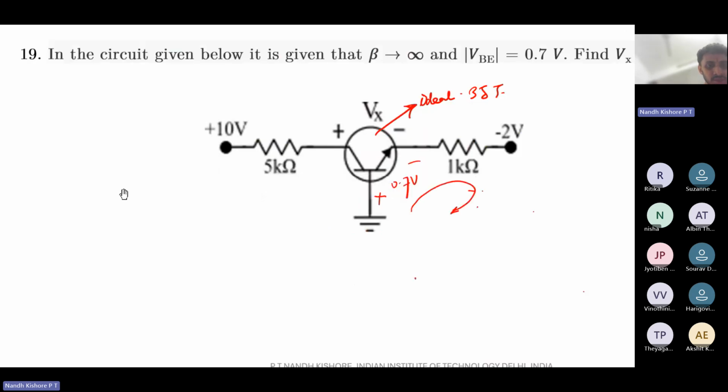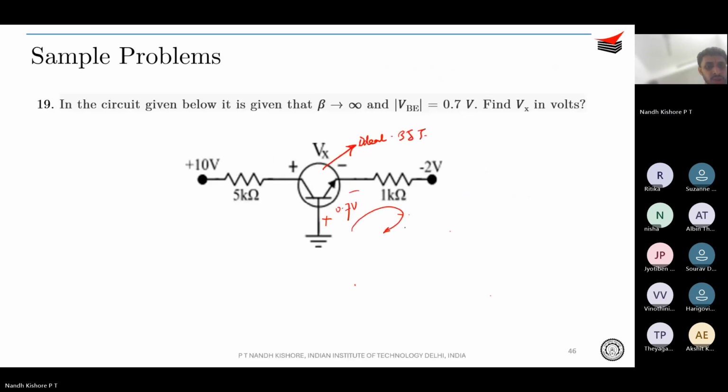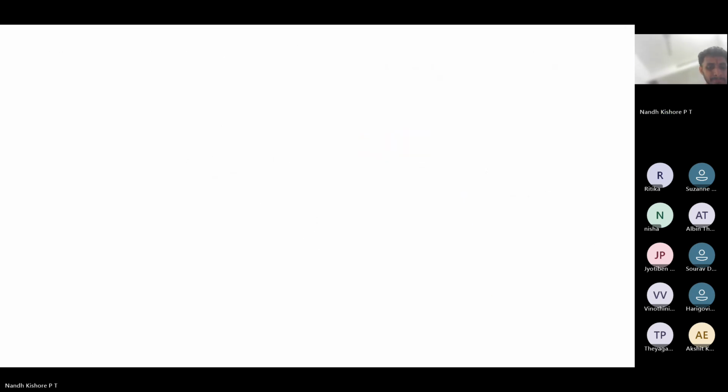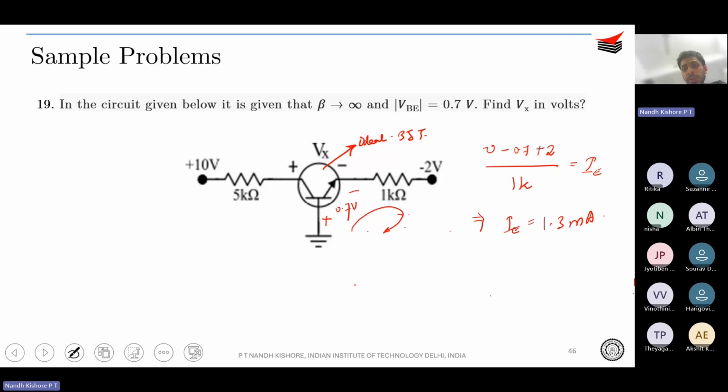What you get is (0 minus 0.7 plus 2) divided by 1K is equal to your IE, right? So your IE current is equal to 1.3 milliamps. Okay.